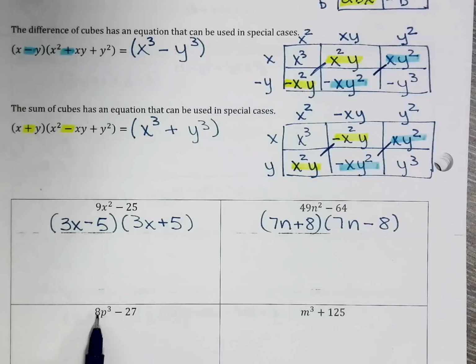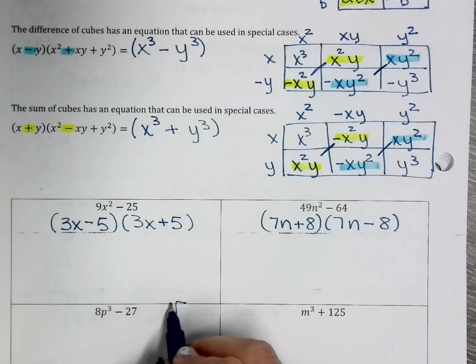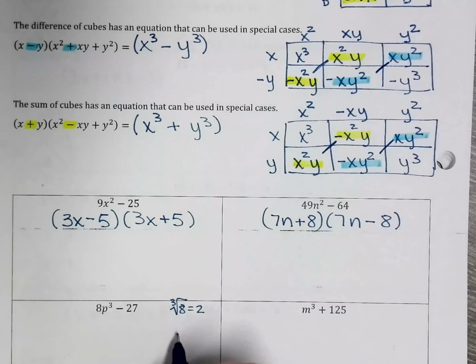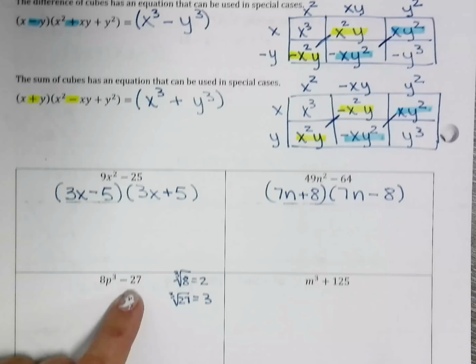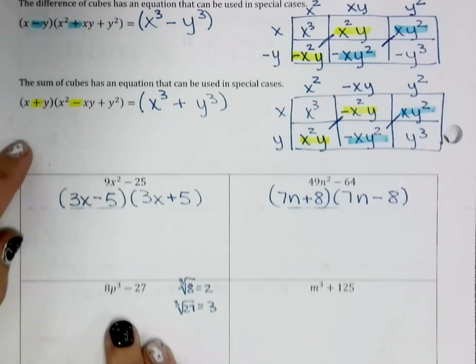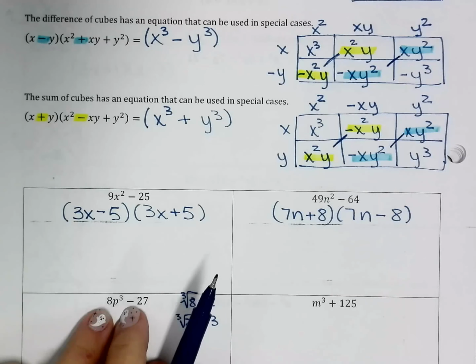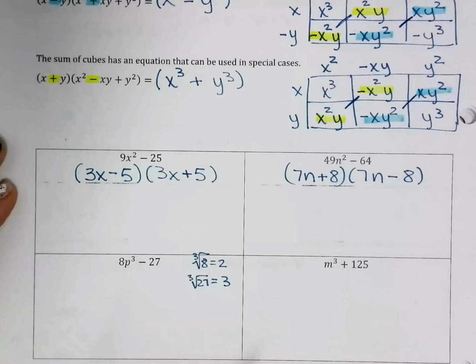Now, 8 is a perfect cube. So if I were to cube root 8, I get 2. And also 27 is a perfect cube, and it's 3. So we're going to follow, you have 2 perfect cubes, and I have a minus right there. That's difference of cubes right there.